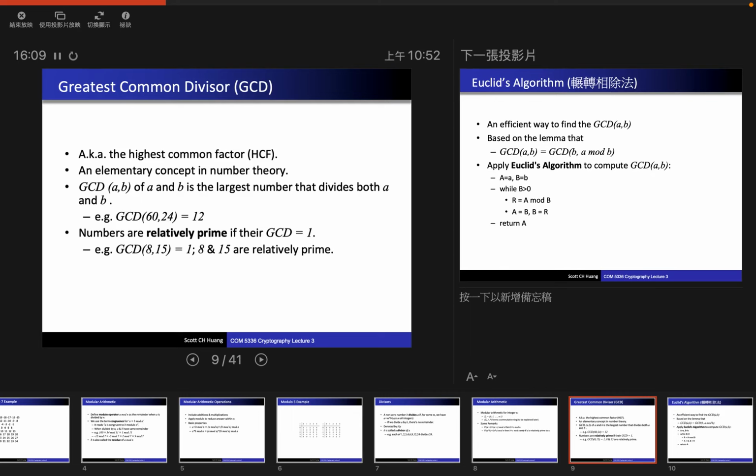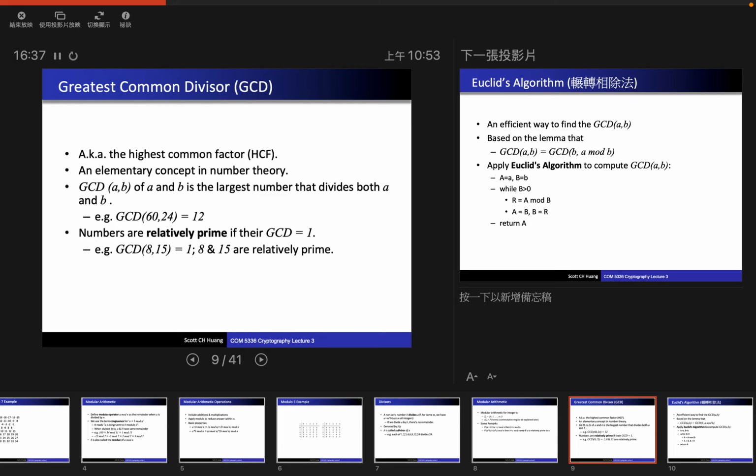Okay, let's talk about the greatest common divisor. When I learned this in junior high school, my teacher called it the highest common factor, HCF. Maybe some of you have learned this technical term. HCF is commonly used in high school math courses, but in programming courses, we call it greatest common divisor.